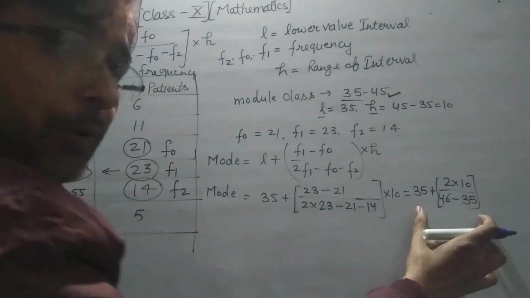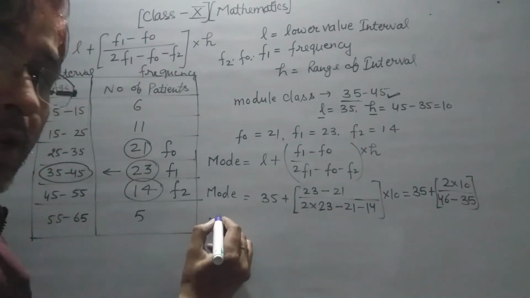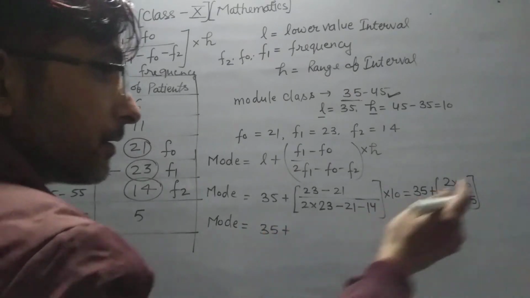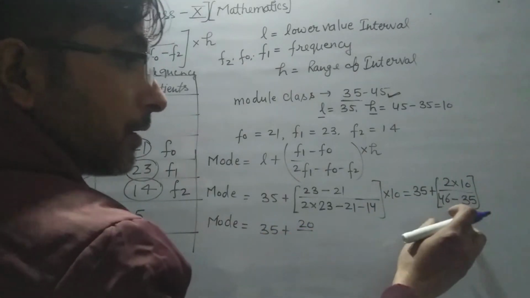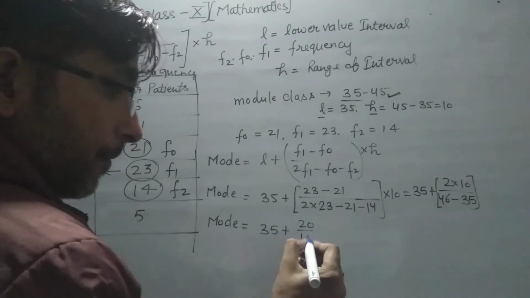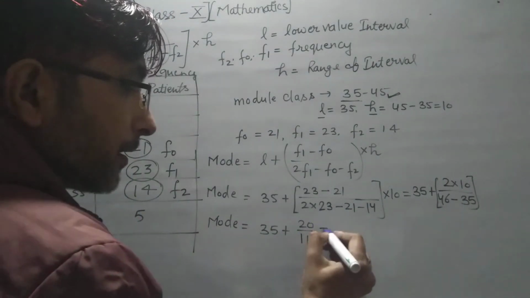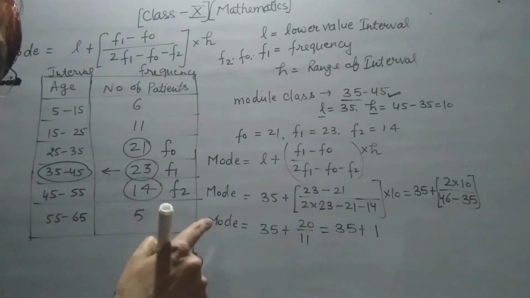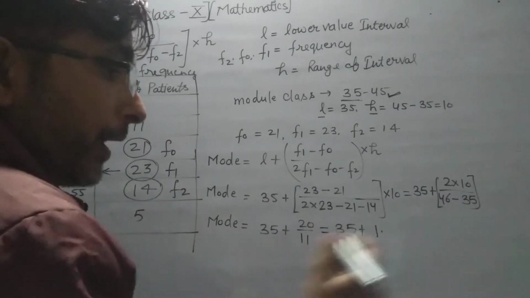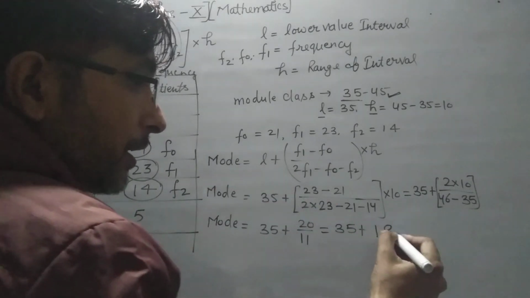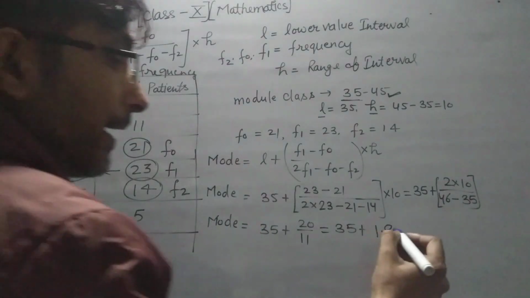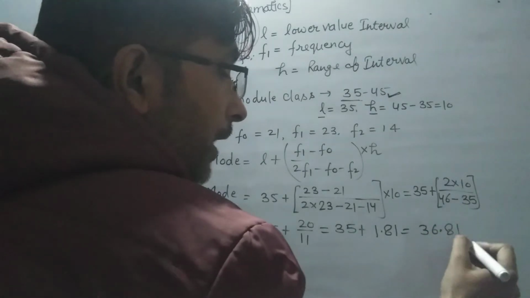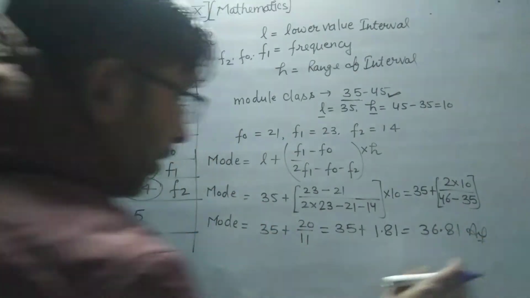So mode is equal to 35 plus 20 upon 11. Divide these things: 11 into 20 is 1, how much is remaining? 9. Then put a point, 90, 11 eights are 88, and then 2, and 11 ones are 11. Adding these to 35, 36.81 is your answer for the mode.